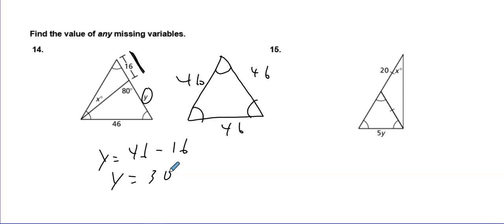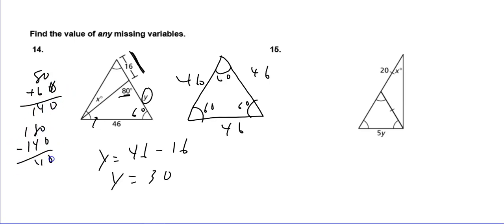Okay? Now, this also means if these are all equal, these are all 60 degrees. So if I have 60 here and I have 80 here, I can find out this angle right here by adding 80 plus 60 and get 140, and then 180 minus 140 is 40.